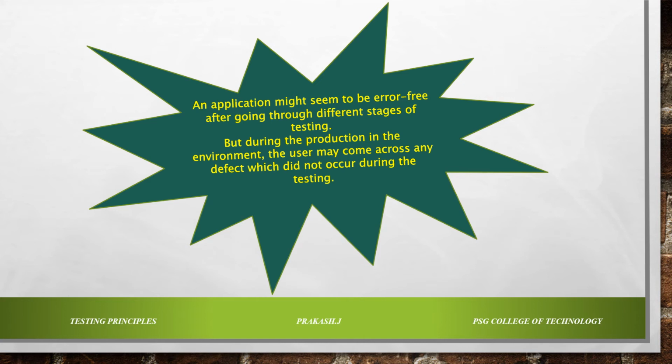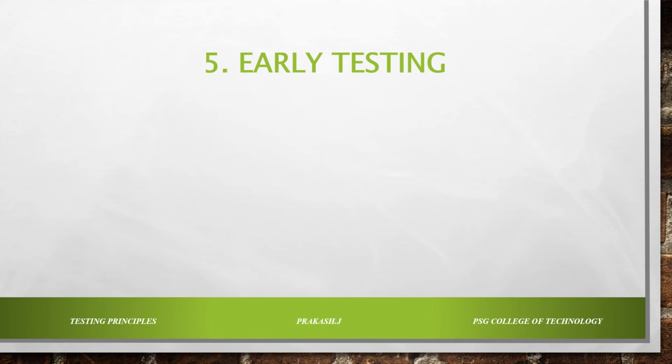But in the production phase, this product may come out with a new error or new defect which could not be found or was not detected in the testing phase. This may happen.